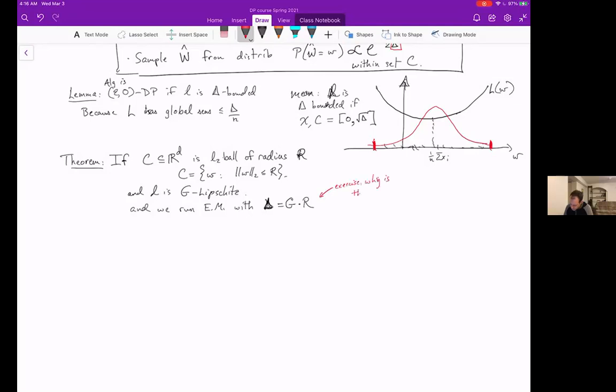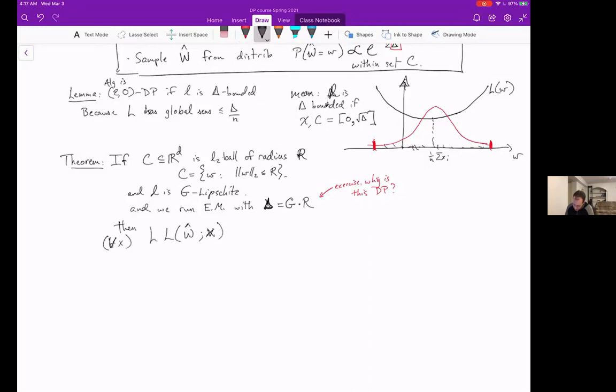Is this differentially private? Believe me, it is. Then what we get is that the output of the algorithm satisfies a reasonably okay guarantee. So this is for all x, the worst case over the data.